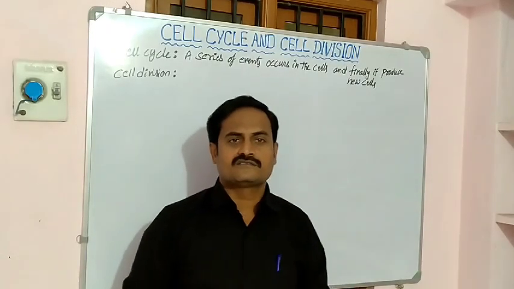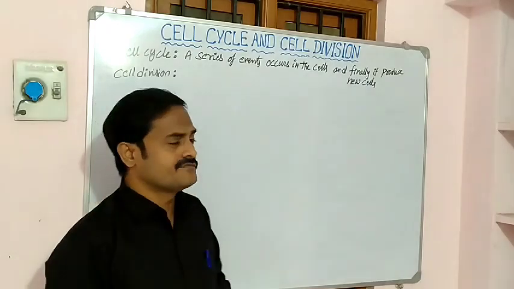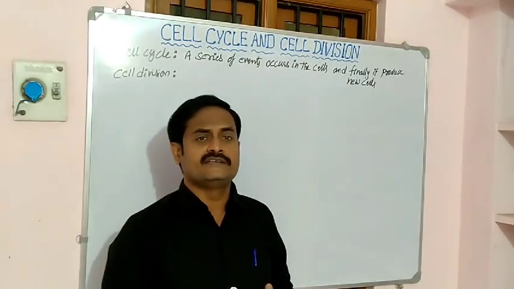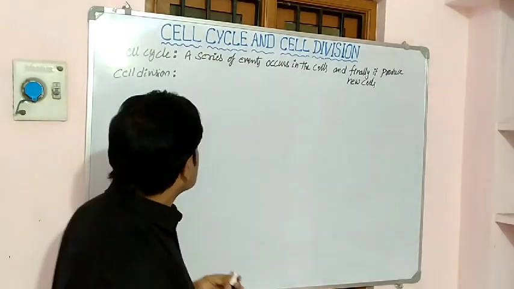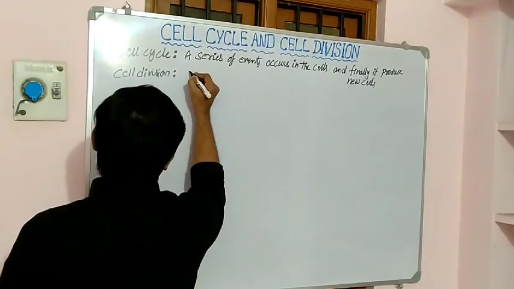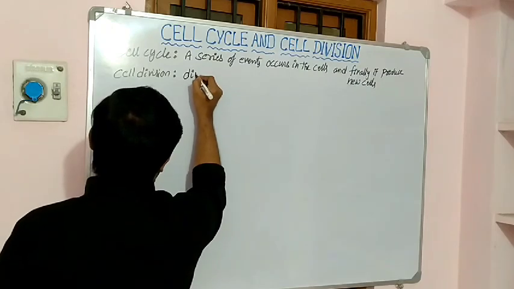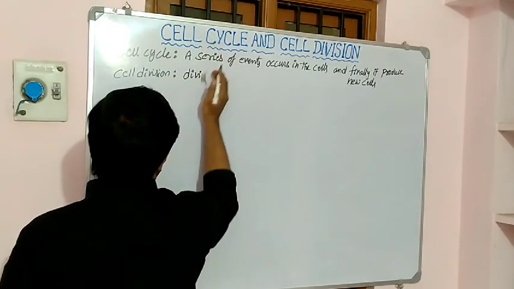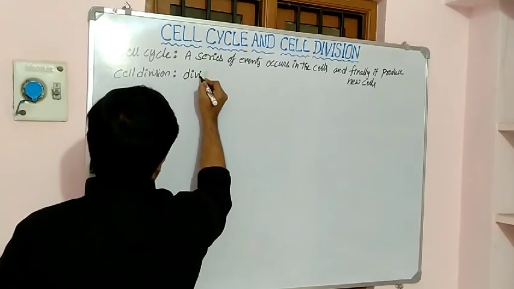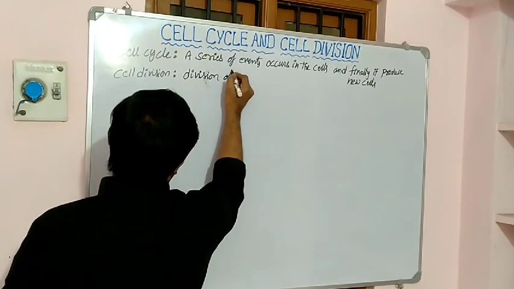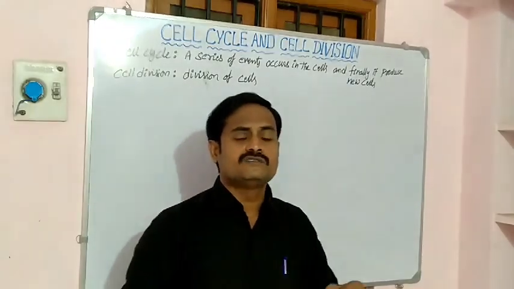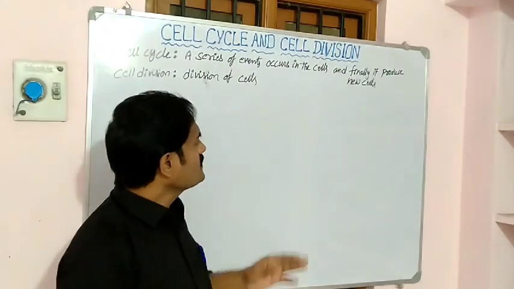This happens in almost all organs, except the male and female sex cells, where some cells are divided into four daughter cells. So these two topics, cell cycle and cell division, and how they occur in the cell, I will now discuss.